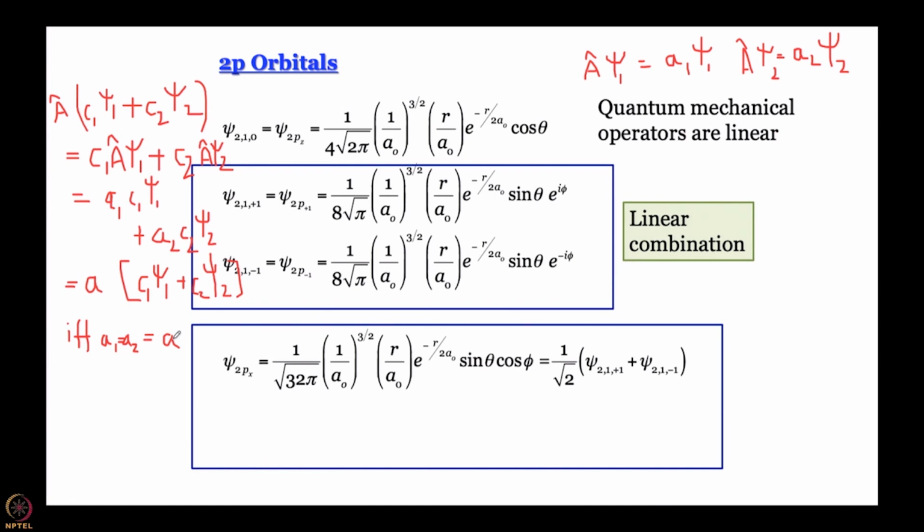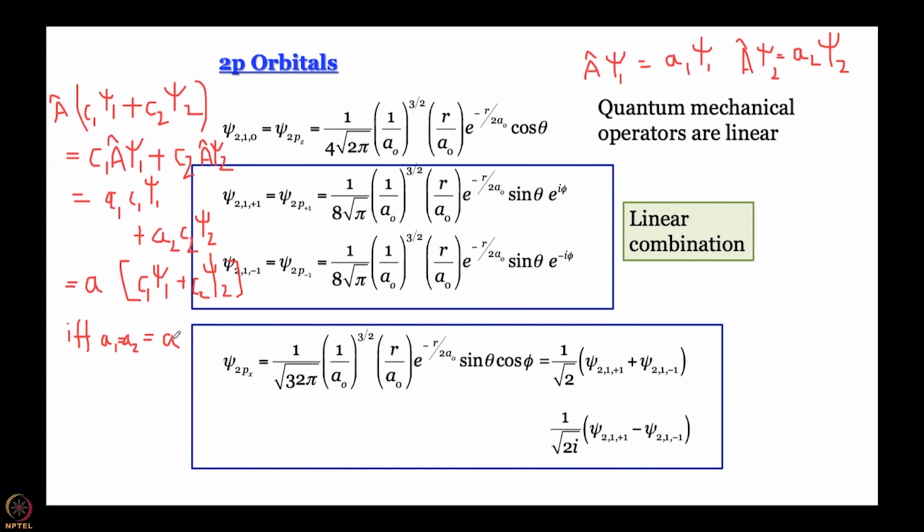Moreover, do you remember where sin theta cos phi arises? See, z is equal to r cos theta. What is x? x is equal to r sin theta cos phi. So, sin theta cos phi is a function which lies along x, has the same symmetry as x. So, this is your familiar psi 2px orbital.